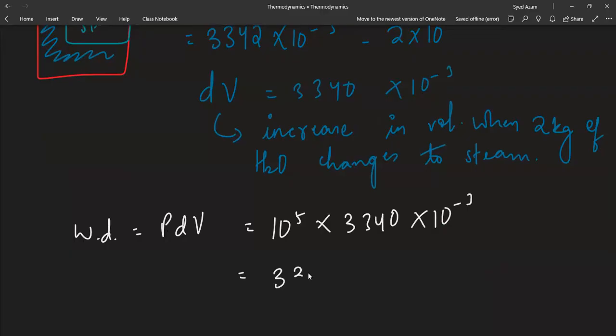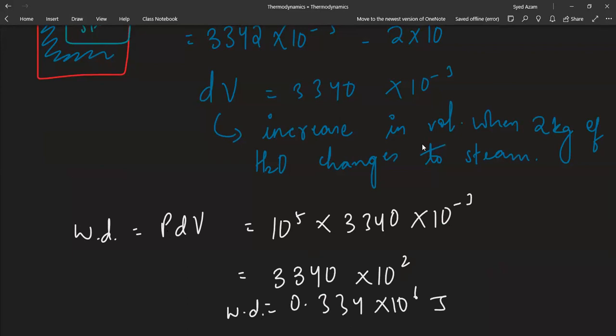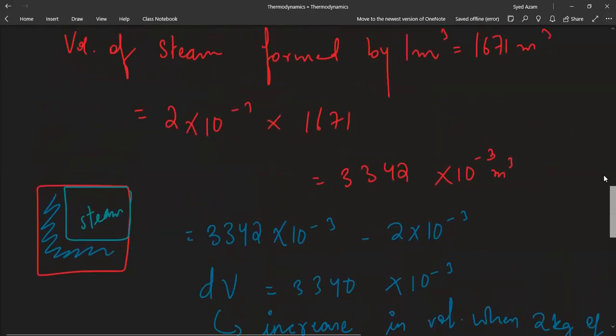So this will become 3340 into 10 to the power 2, right? Or let's directly write this as 0.334 into 10 to the power 6 joules, the work done. Why did I do this step?